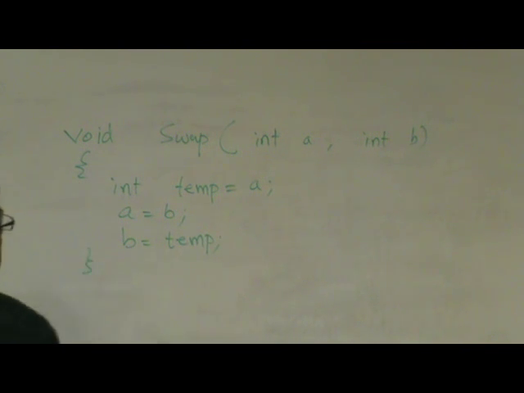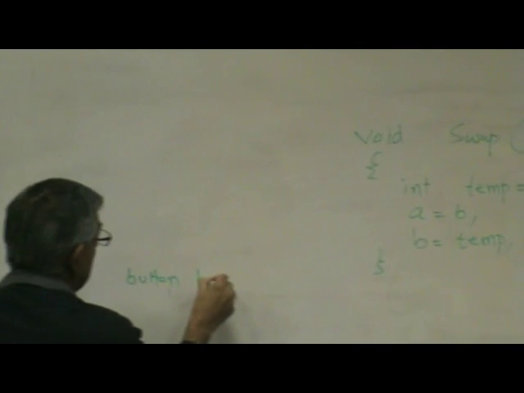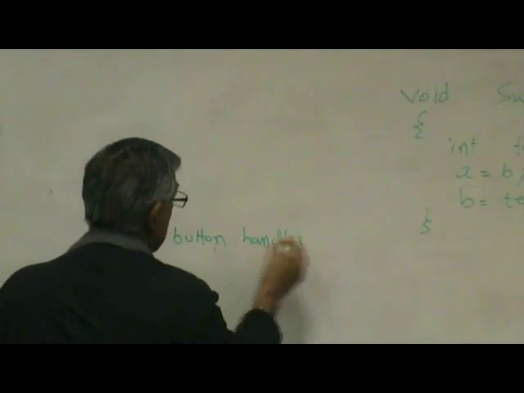Suppose you wrote this function in some class. Now your test code, the code that will call it, might look like this in some kind of button handler.